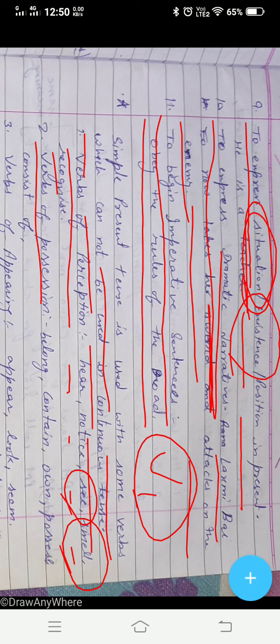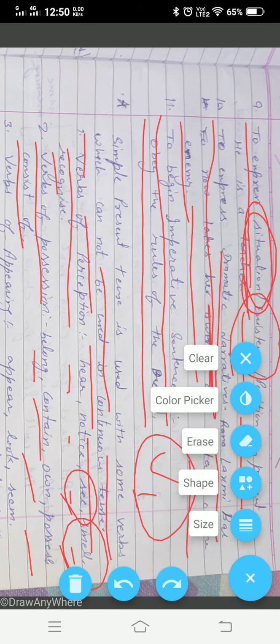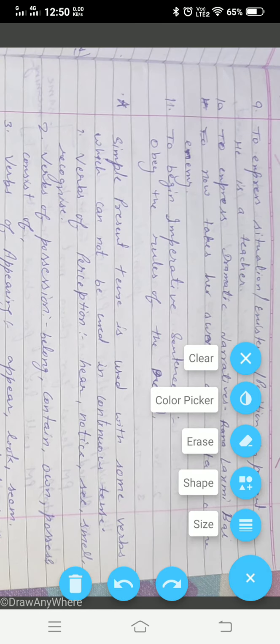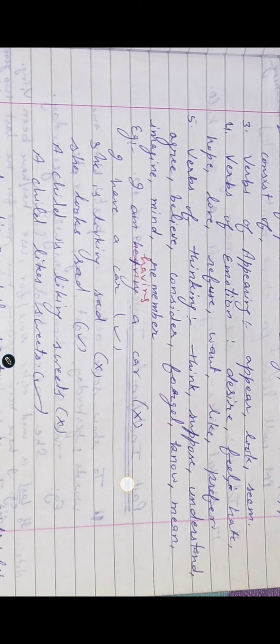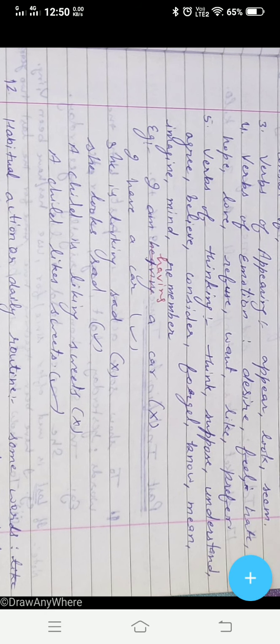Verbs of possession like belong, contain. This box contains, not containing. Own, possess, consist of. इन सब के साथ ing यूज़ नहीं करते हैं, इन सब को हम सिंपल प्रेजेंट टेंस में यूज़ करते हैं. Then we have some other verbs like verbs of appearing: appear, look, seem.